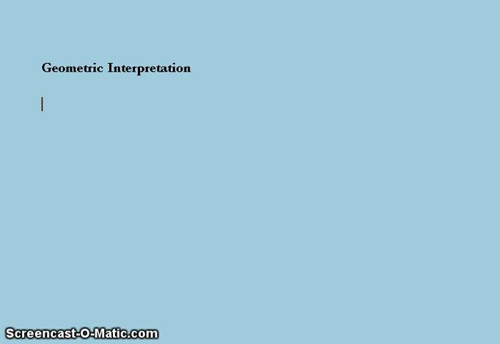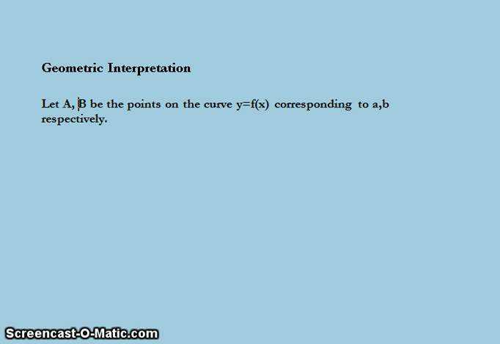After the statement of Rolle's theorem, we come to the geometrical interpretation of Rolle's theorem. For that, let us consider A and B to be the points on the curve y equal to f(x) corresponding to real numbers a and b respectively.